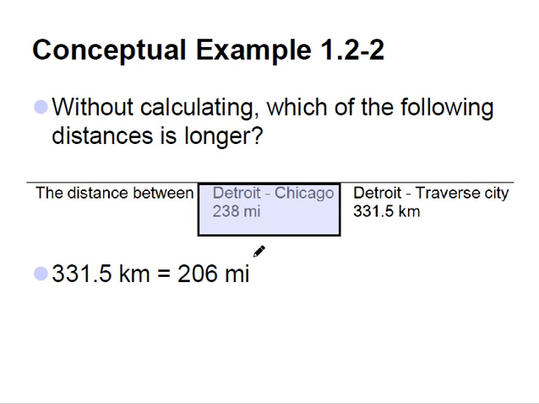Now we have the same unit. So 206 miles, 238 miles. When you compare, you know that Detroit to Chicago is actually longer. So the distance from Detroit to Chicago is longer is your answer.